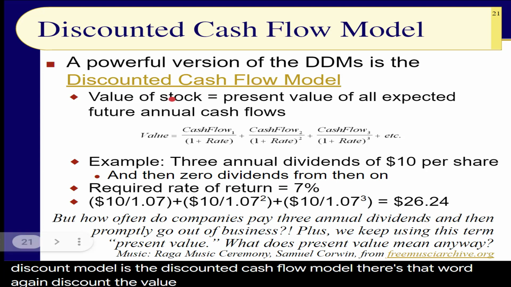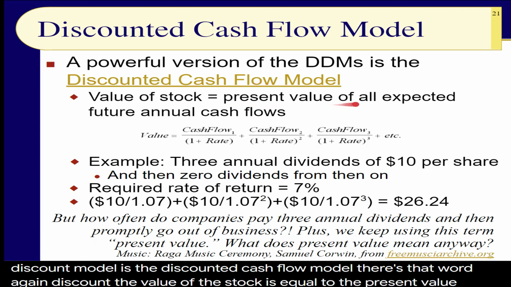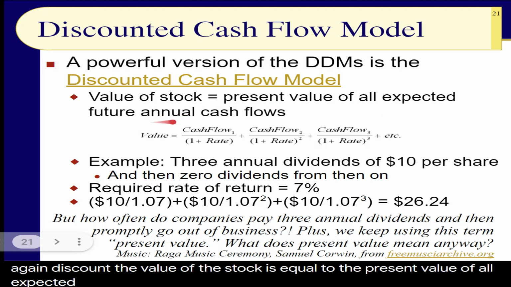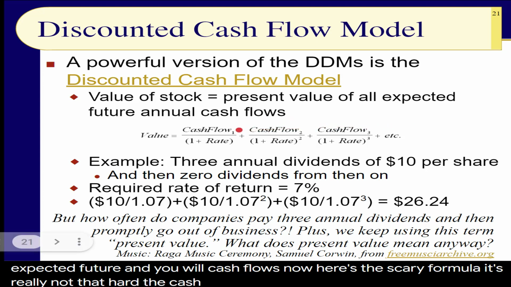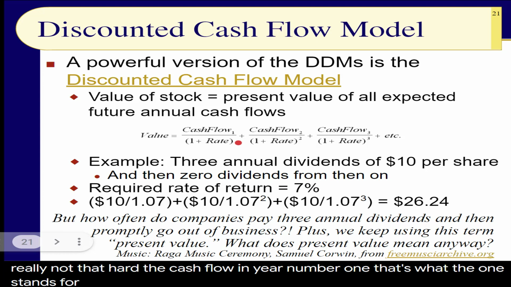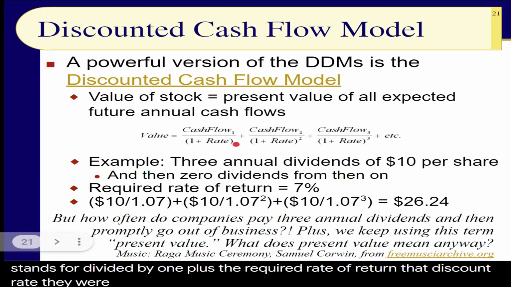The value of the stock is equal to the present value of all expected future annual cash flows. Now, here's the scary formula. It's really not that hard. The cash flow in year number one, that's what the 1 stands for, divided by 1 plus the required rate of return, the discount rate, the expected rate of return.